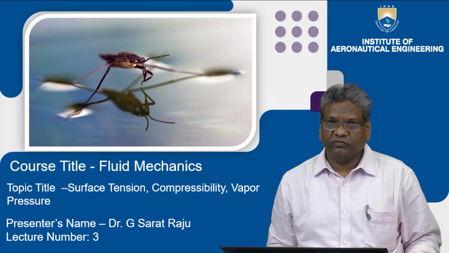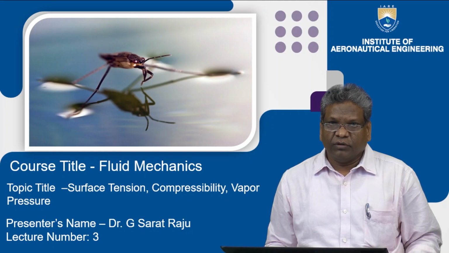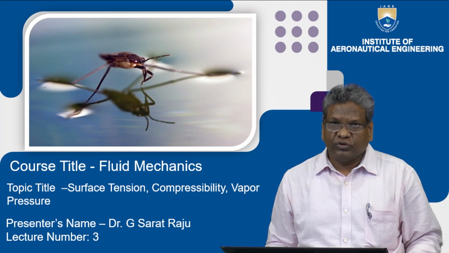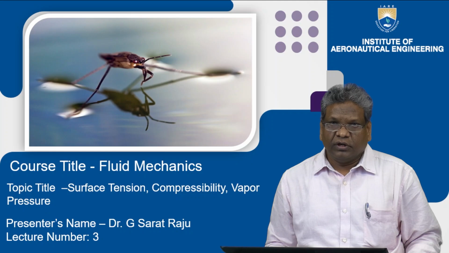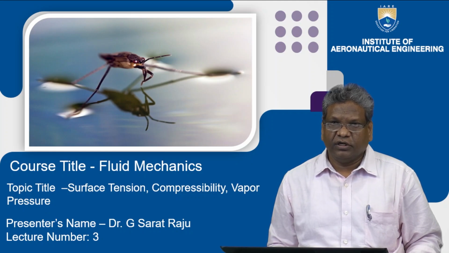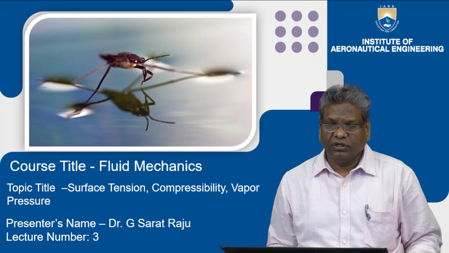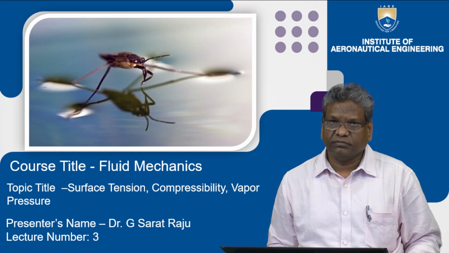In the previous session, we covered surface tension of a liquid droplet. Now I am going to explain surface tension of a hollow bubble as well as liquid jet, and also what compressibility is and how it is important for fluids.